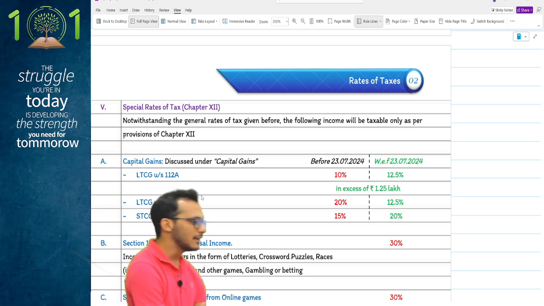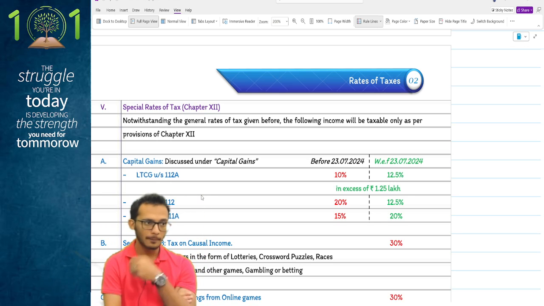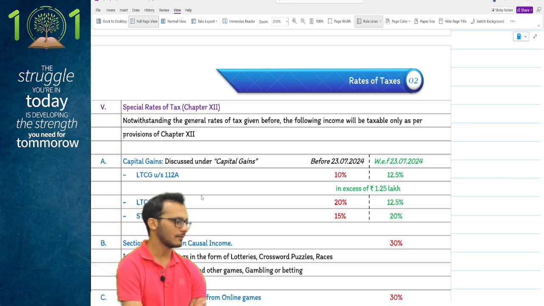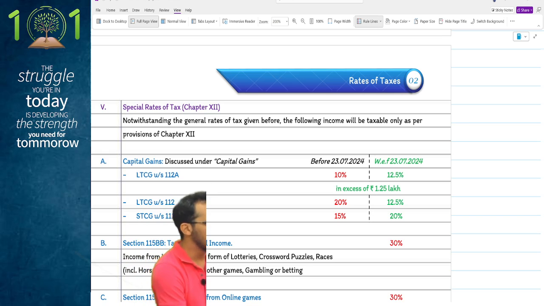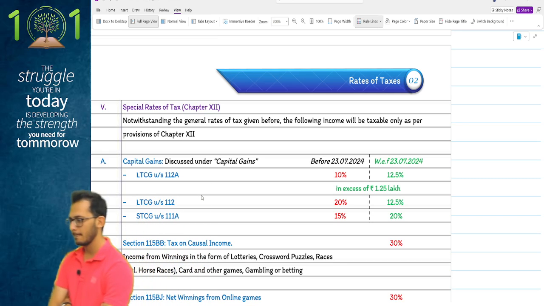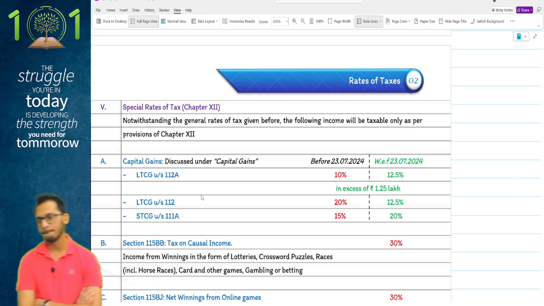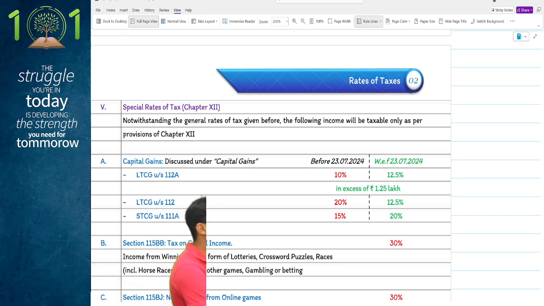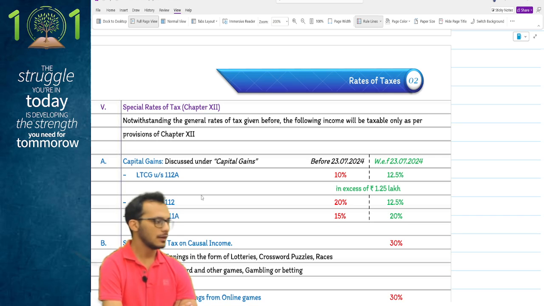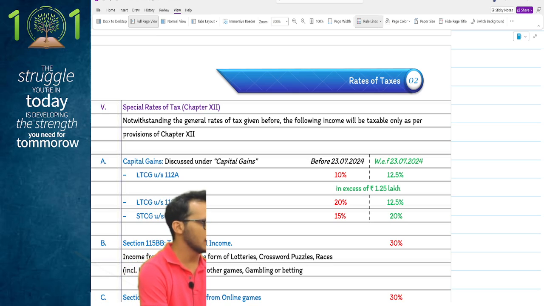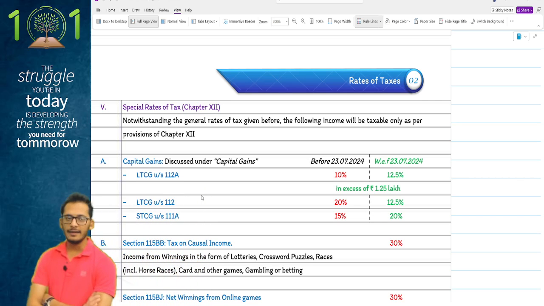Clear? Question number 4. Compute tax on Mr. A having total income as follows. PGBP is 2,80,000.